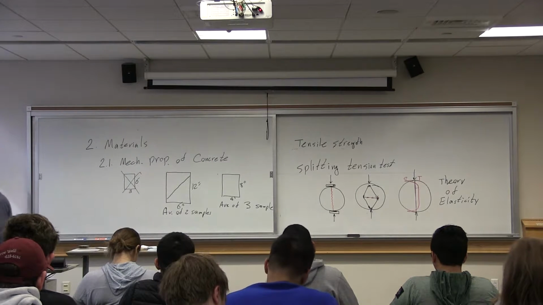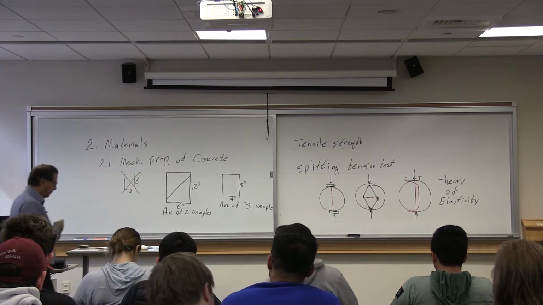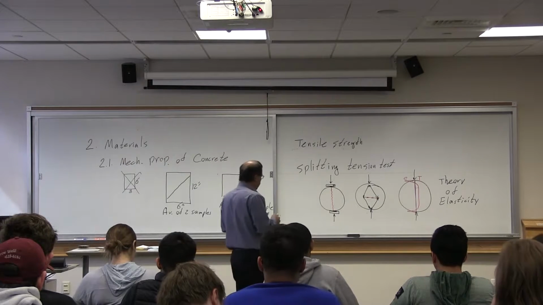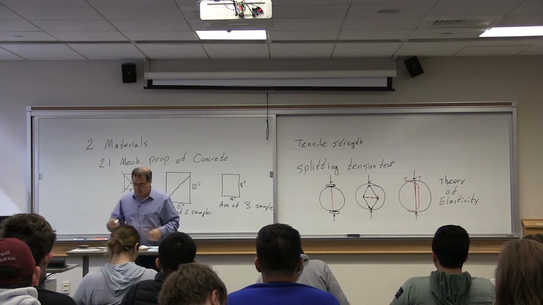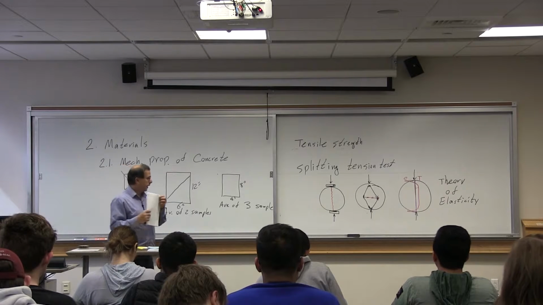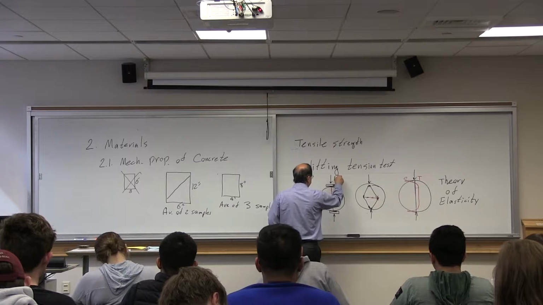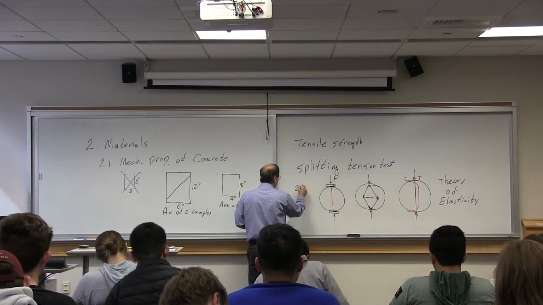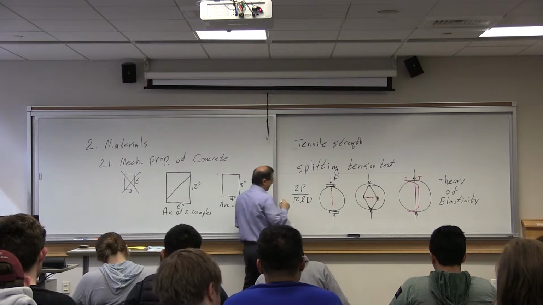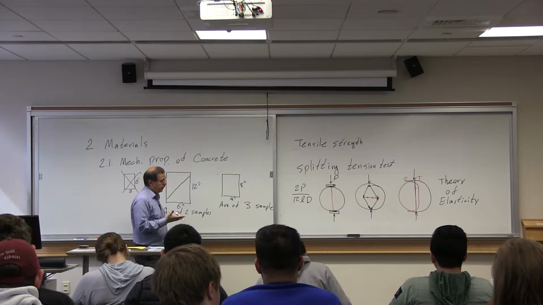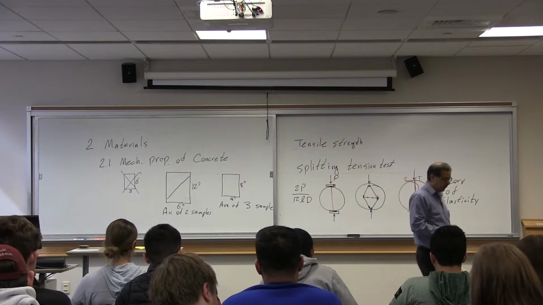When you run this test, the force that you find that causes splitting, let's say force P, you use 2P divided by pi L D. 2P, 2 times the load applied, divided by pi, 3.14.